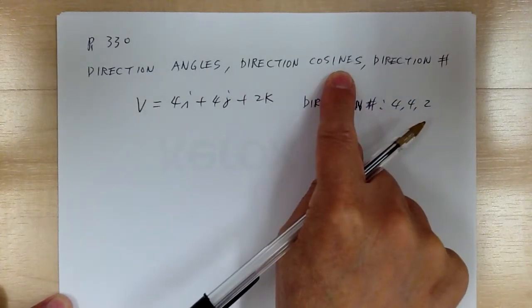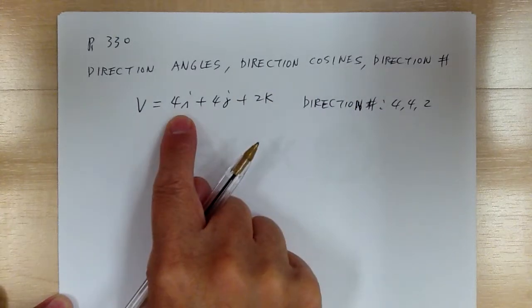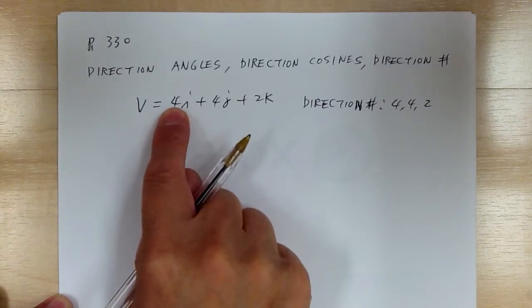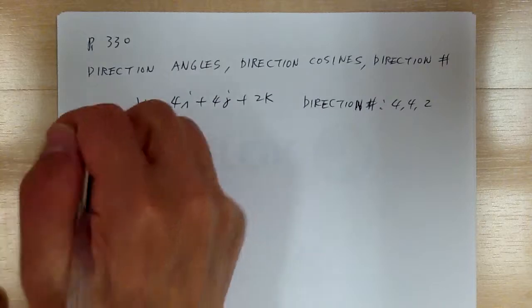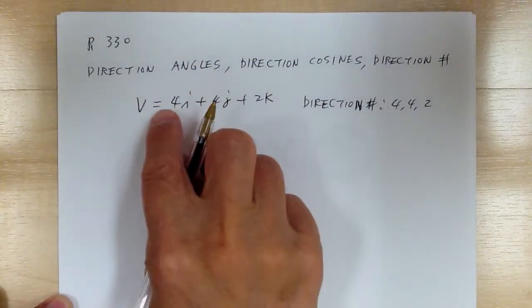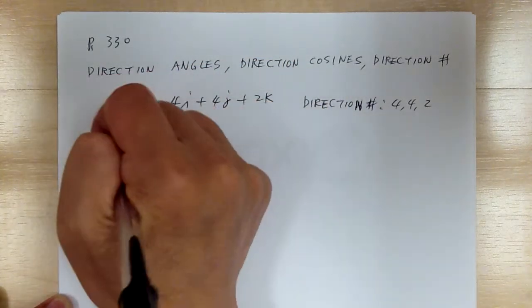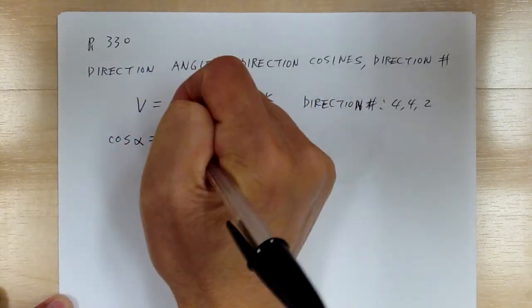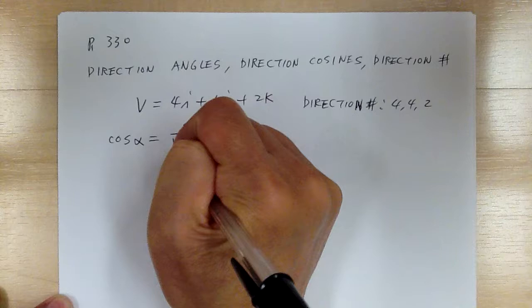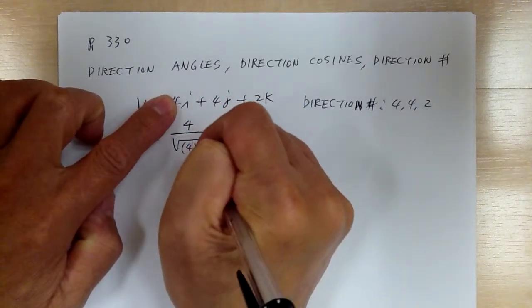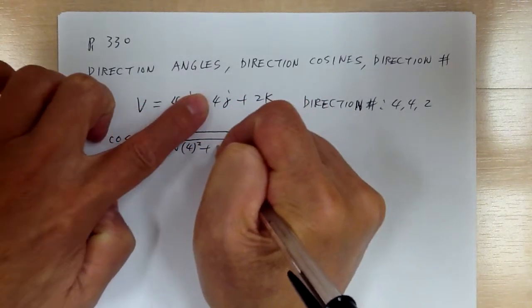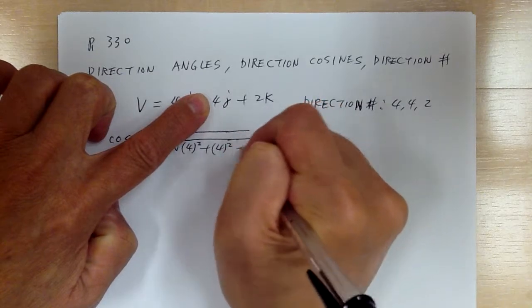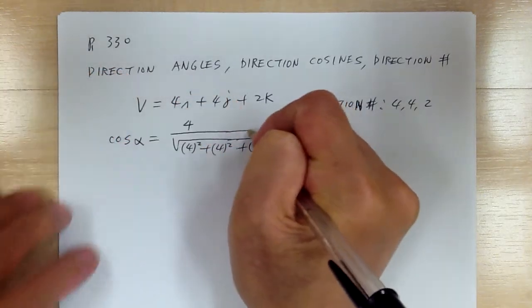Now, for the direction cosine, you have to use the direction number divided by its length. So this is for the i, j, and k. Cosine of alpha is going to be equal to 4 divided by the square root of 4 squared plus 4 squared plus 2 squared.